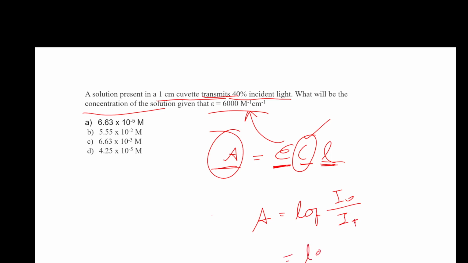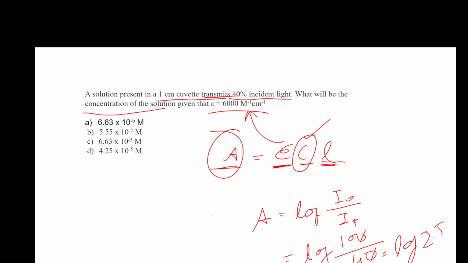The total light is 100% and transmitted light is 40%, so the value becomes 2.5. So you have to find the value of log 2.5.